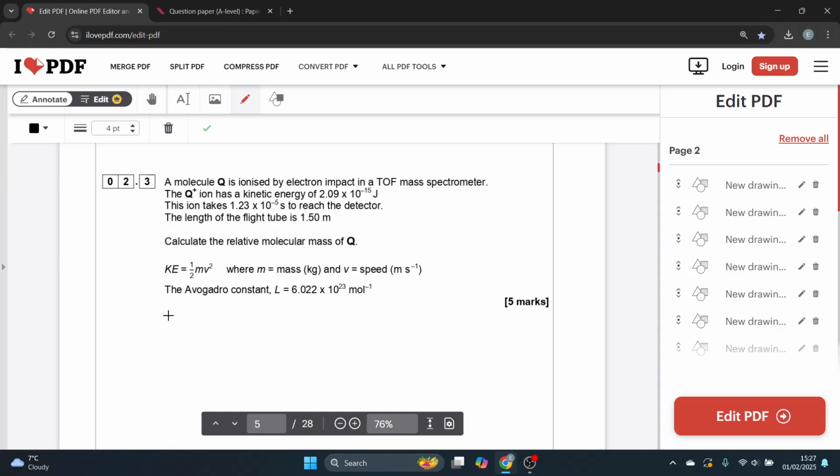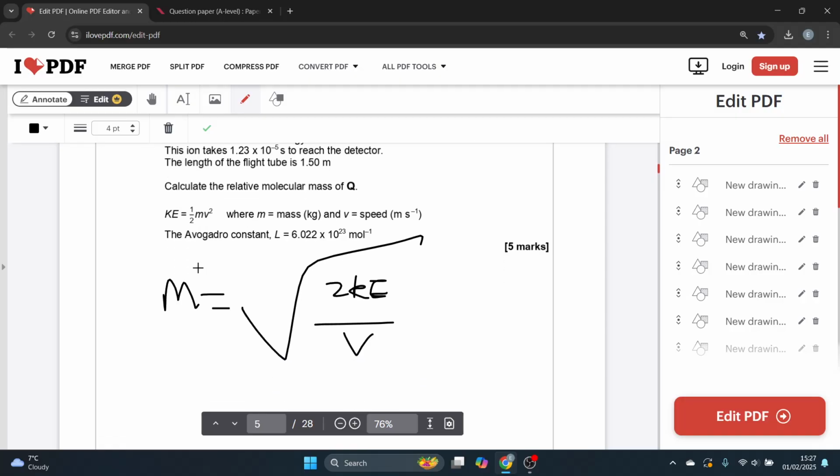So mass is 2KE divided by v squared. Yeah, that's the correct equation.